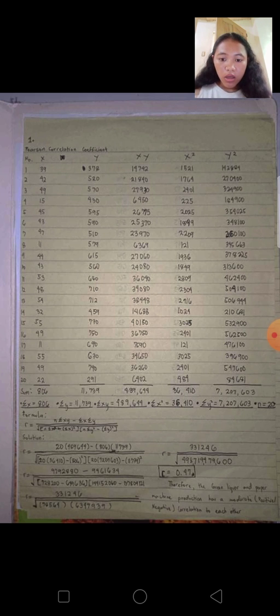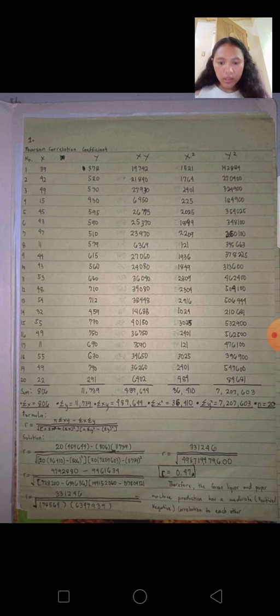So, ang total population nato is 20. Tapos, ang summation of xy nato is 489,644. Tapos, ang summation of x is 806. Ang summation of y is 11,739.